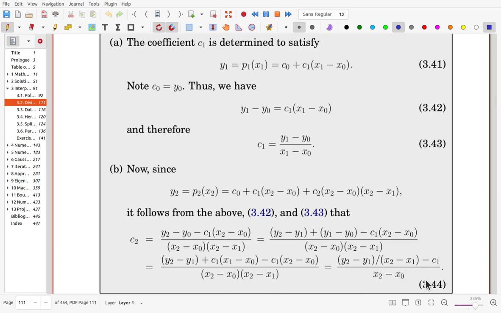Here we are manipulating the algebraic terms so that we can do this operation when we try to construct the table. We'll construct the divided difference table along with such computation.